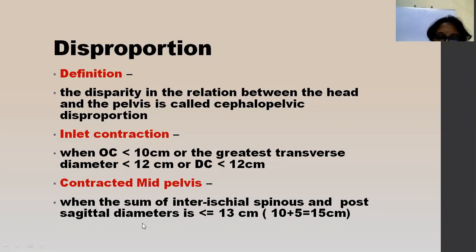When the sum of the interischial spinous and posterior sagittal diameter is less than or equal to 13 centimeters. Normally, the bispinous diameter is 10 centimeters and the posterior sagittal diameter is 5 centimeters. So the normal sum is usually 15 centimeters. If it is less than or equal to 13, then we call it mid-pelvic contraction.